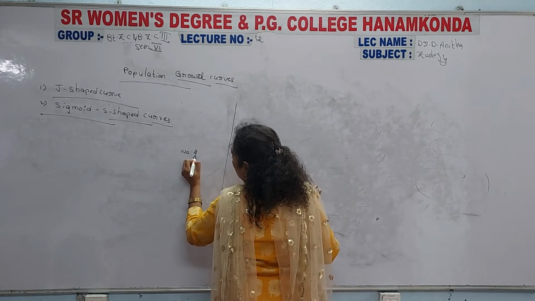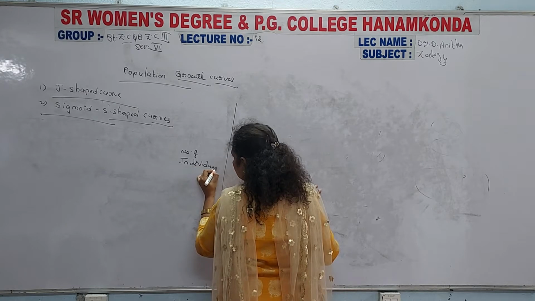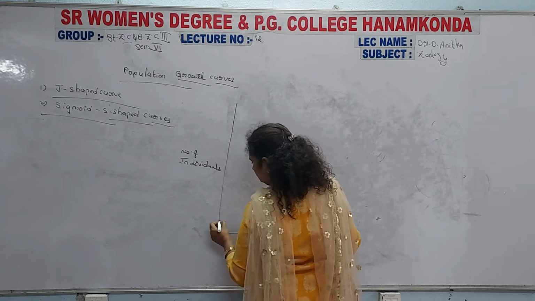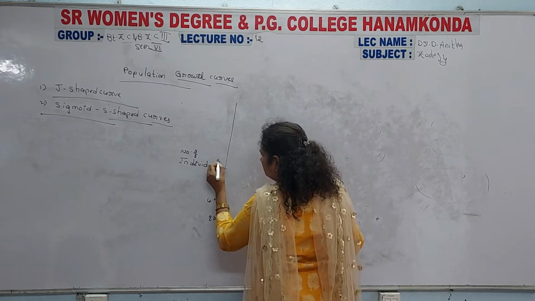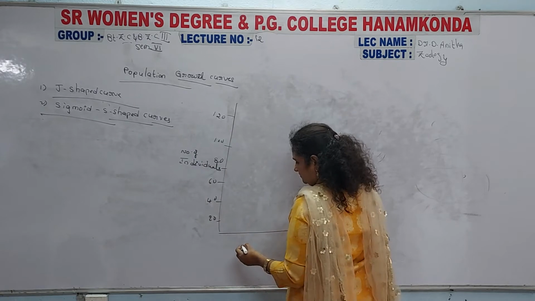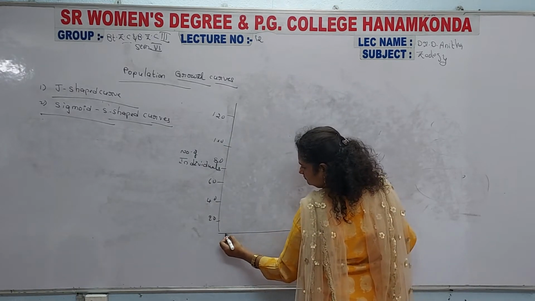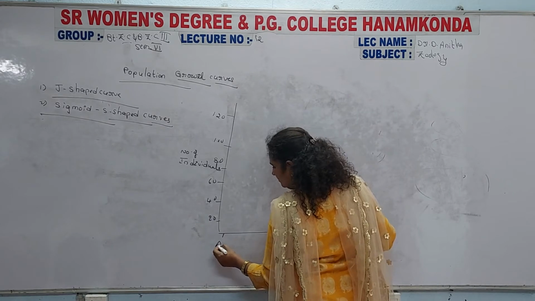So the number of individuals, say 20, 60, 80, 100, 120, and a particular month, April.